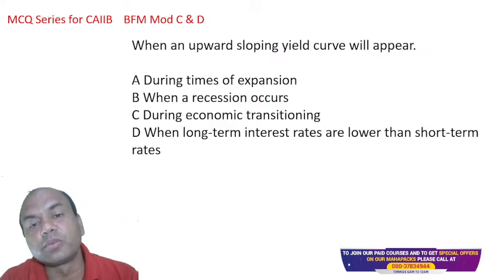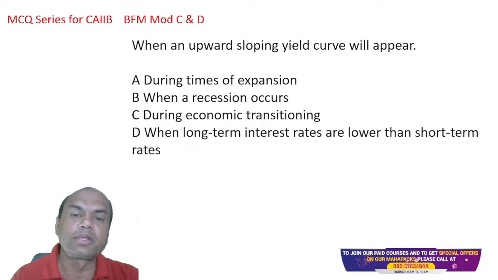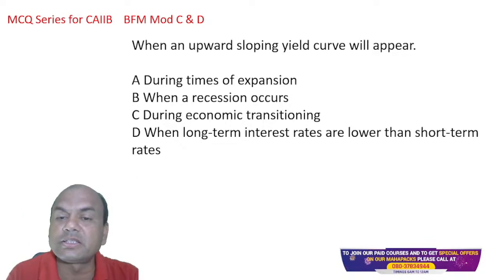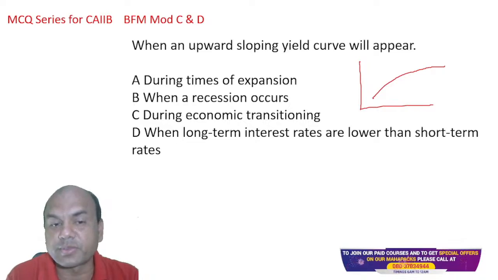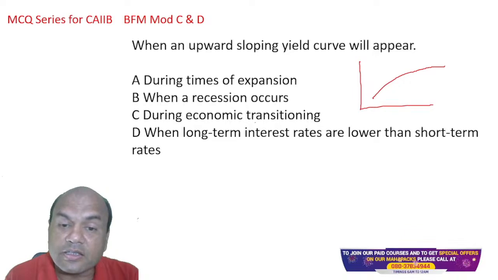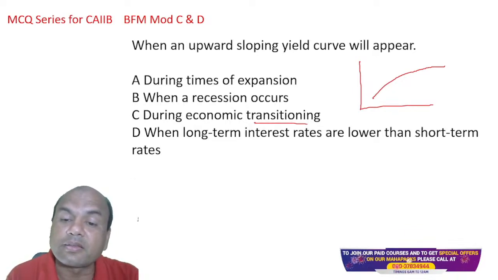When will an upward sloping yield curve appear? Upward means the one we just saw. When will this appear? A, during the times of expansion; B, when recession occurs; C, during economic transition; D, when long-term interest rates are lower than short-term interest rates.